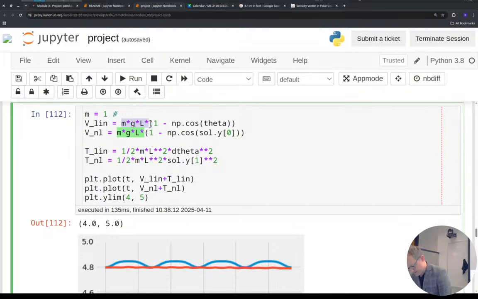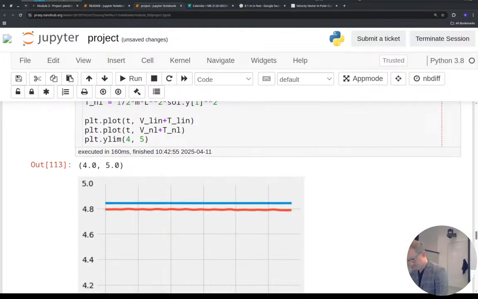Take this. And now my blue line is an exact straight line, right?